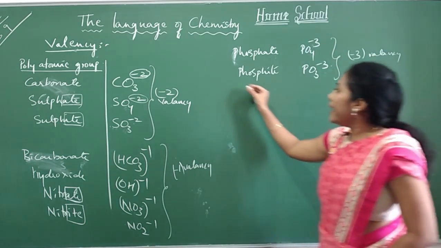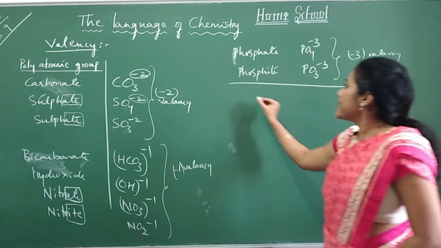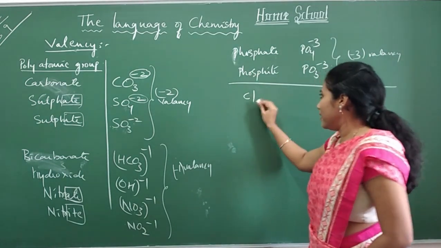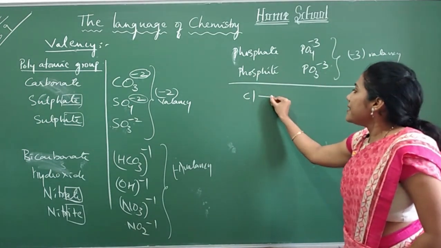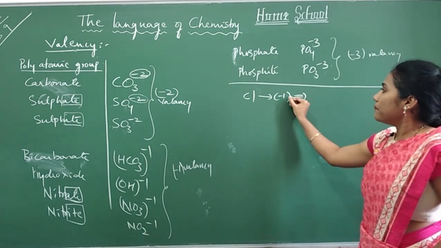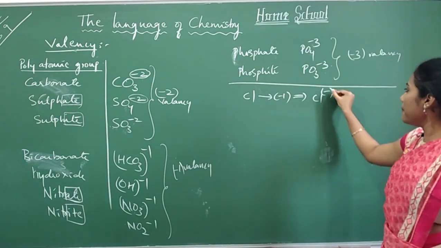Now coming to, for example, the valency of Cl. The valency is minus 1, so you join them and write Cl minus 1.